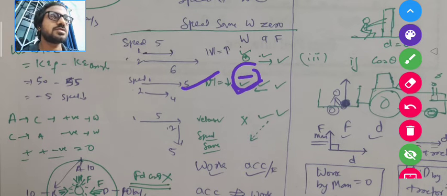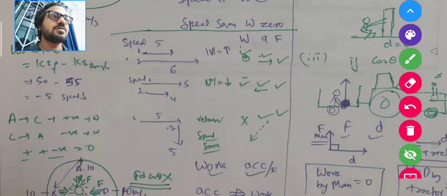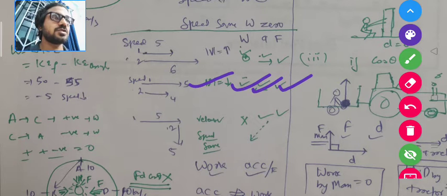So work is done, acceleration is also there, but in the reverse direction now, because the brake is a reverse pull, and force is also there. So here speed is decreasing, work is negative, acceleration is also there, and force is also there. The sign of the acceleration is the sign of the work done.